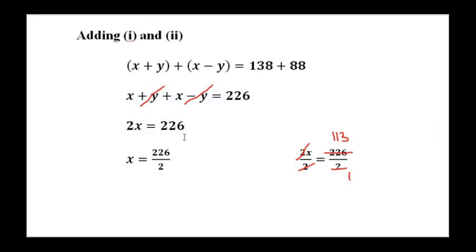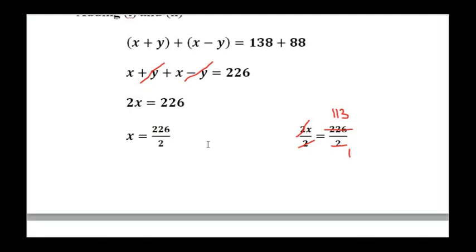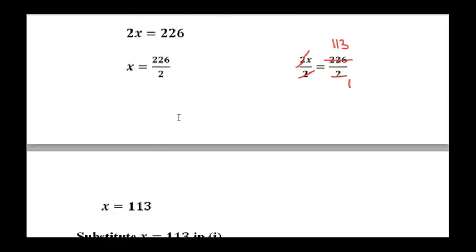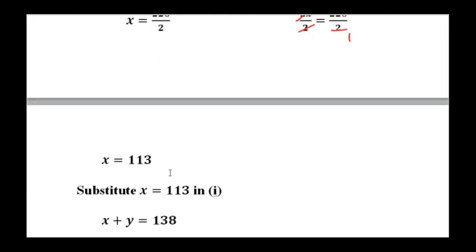To find the value of x, I will divide both sides of this equation by 2. On the left side, 2 will cancel out 2, and on the right side, I will divide 226 by 2. When 226 is divided by 2, the result is 113. So we have found the number x.